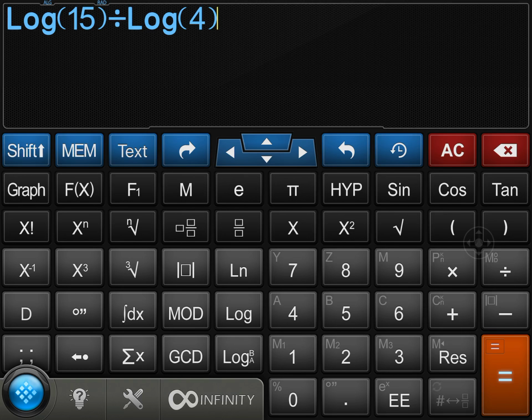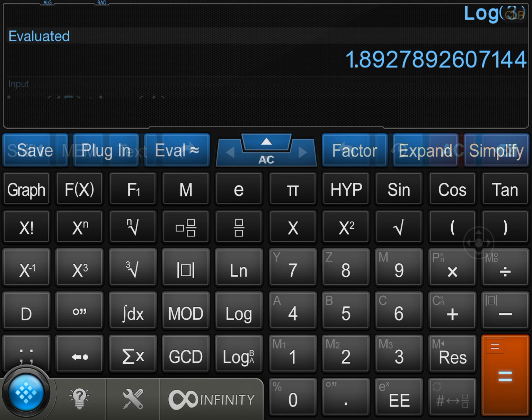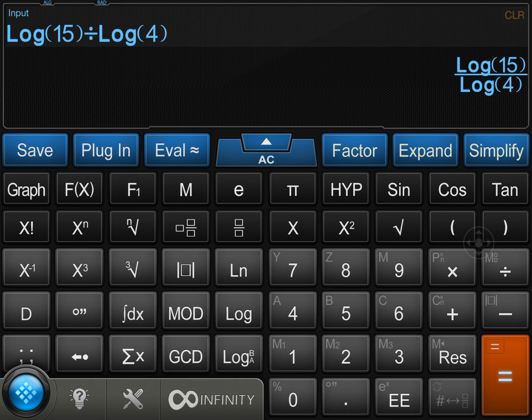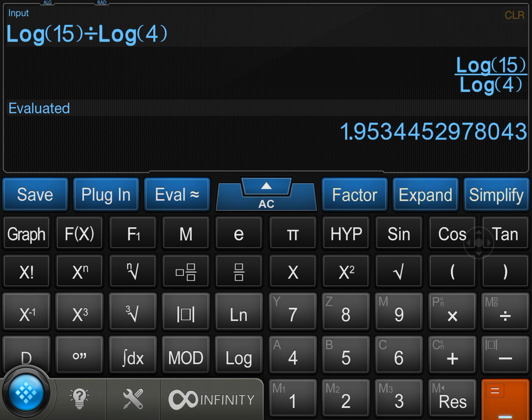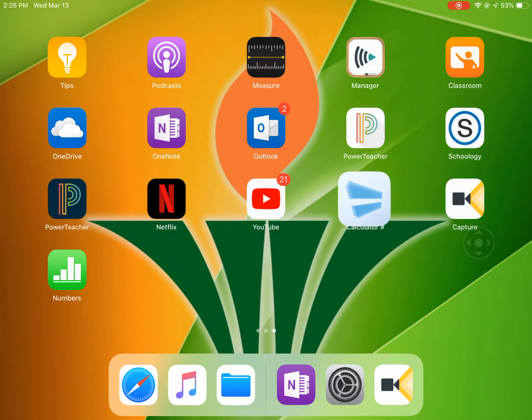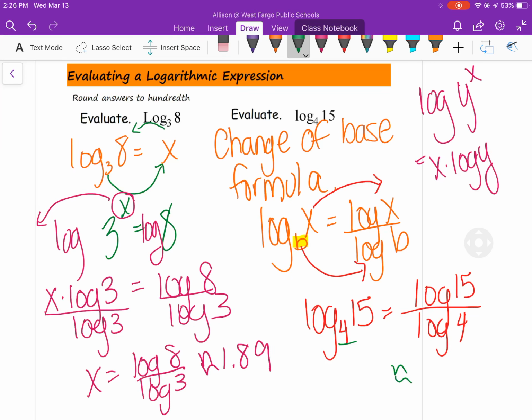So I changed it from a log base 4 to log base 10 because in your calculator you can do log base 10 and you can get an approximate answer of 1.95. It continues infinitely, but 1.95 is my approximate answer. So change your base or log both sides, either one.